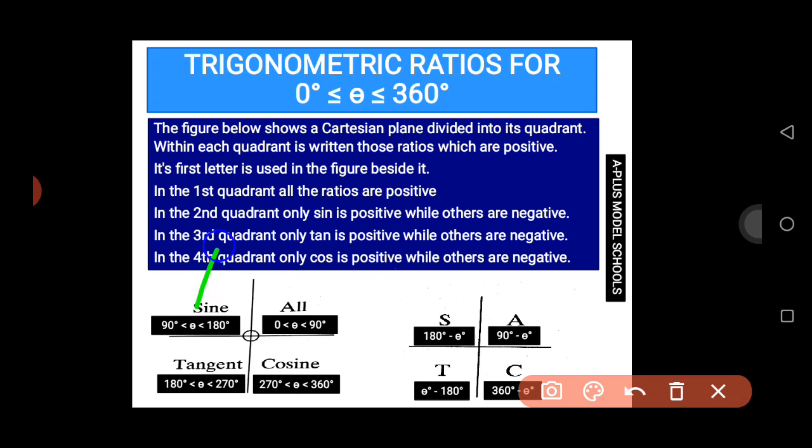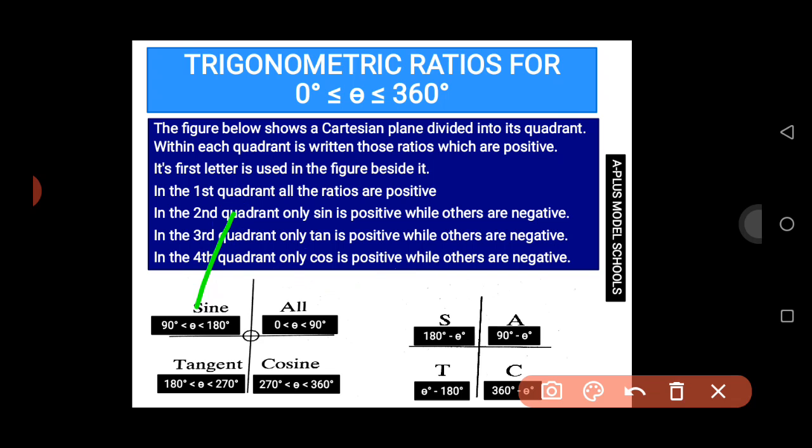So if sine is positive here, it means cos and tan are negative. So it means if I have an angle between 90 degrees and 180 degrees, say sine 100 degrees, sine 100 degrees will give me a positive, because 100 degrees falls in the second quadrant, and sine is positive in the second quadrant.